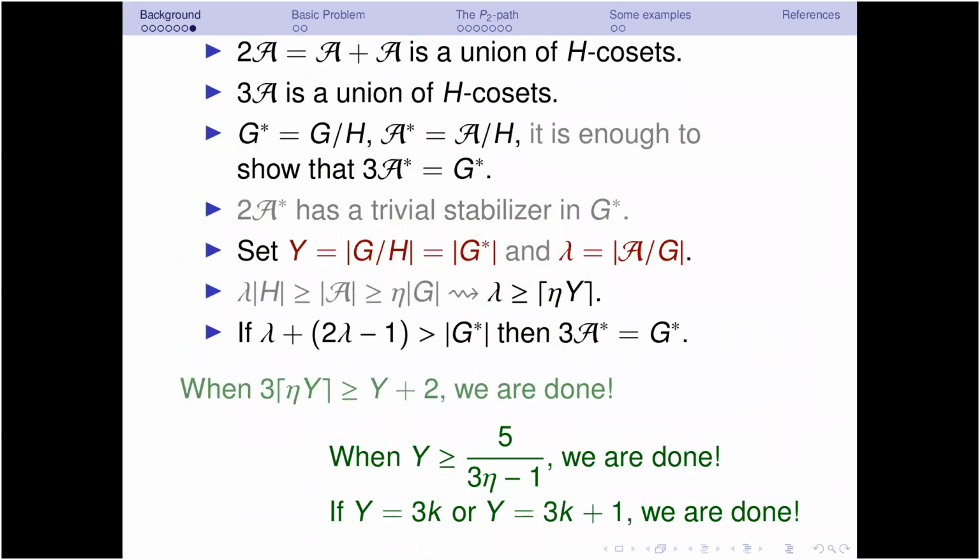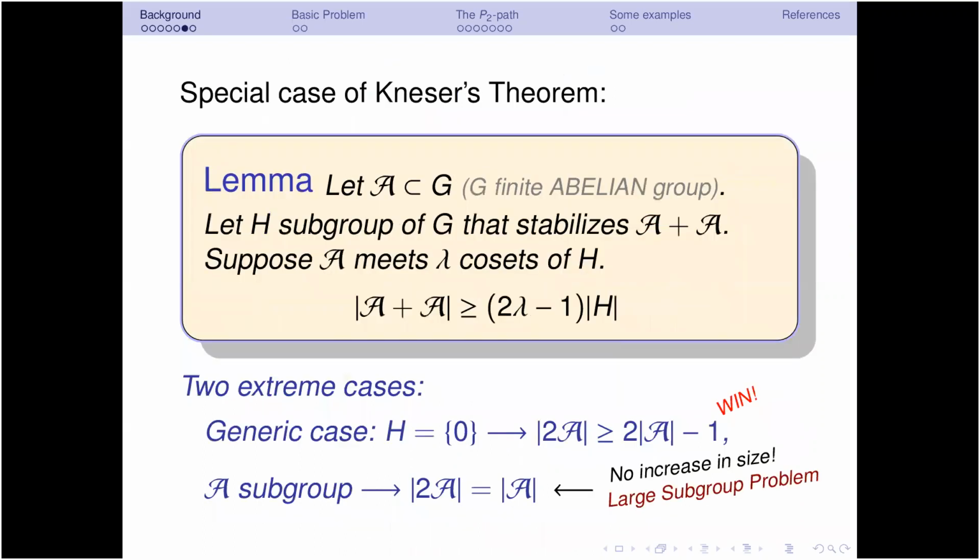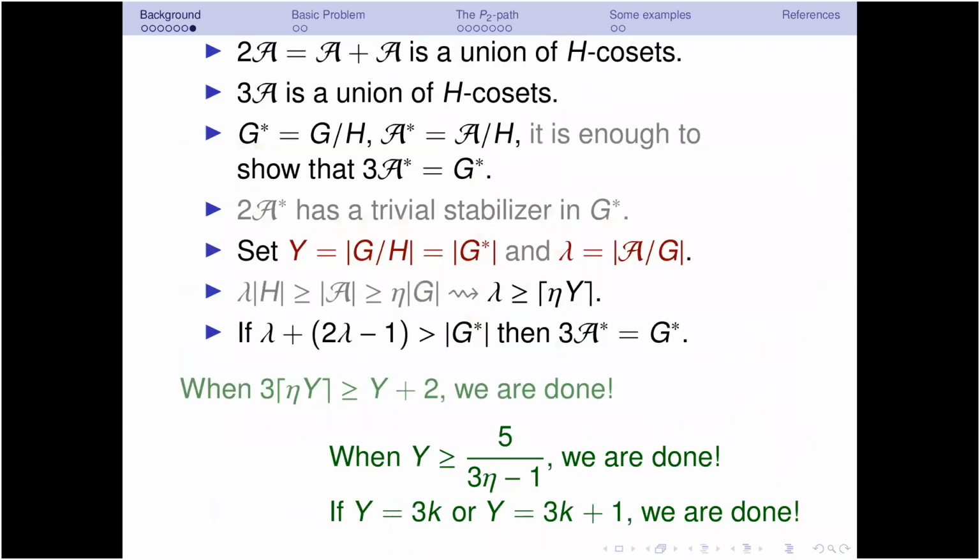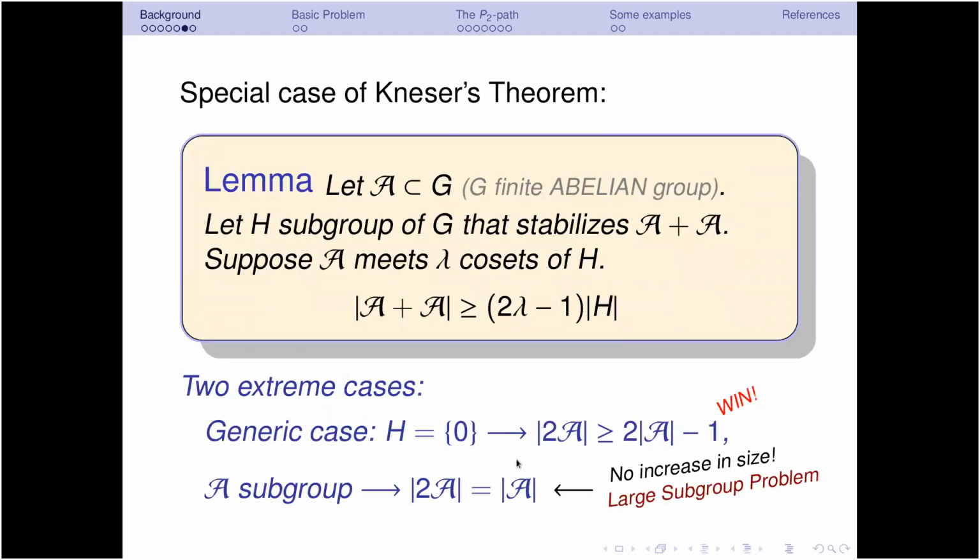Now let's see. When we use Kneser's theorem, I want to show you some things that happen. In Kneser's theorem, you have your set A, which is a set of classes of primes, and you want A plus A to be large, and you have H, which is the subgroup which is the stabilizer of A plus A, or A times A if you write multiplicatively.